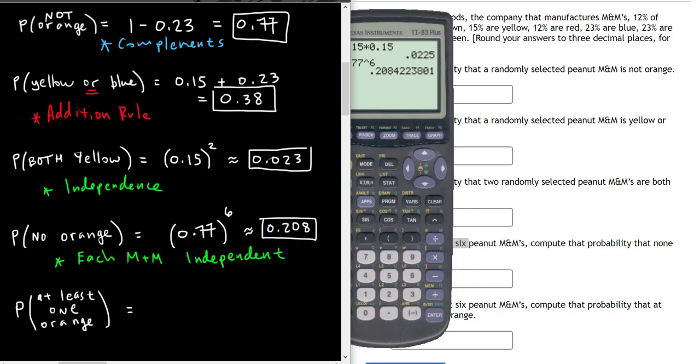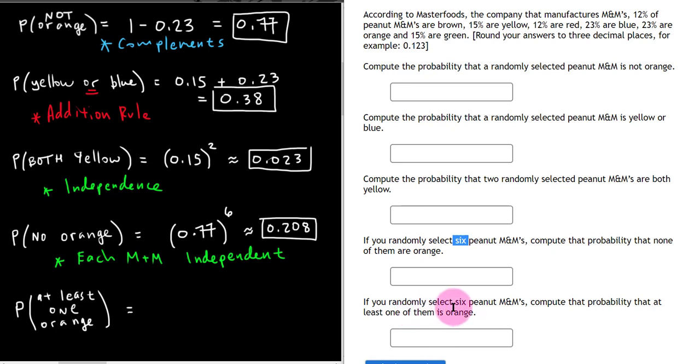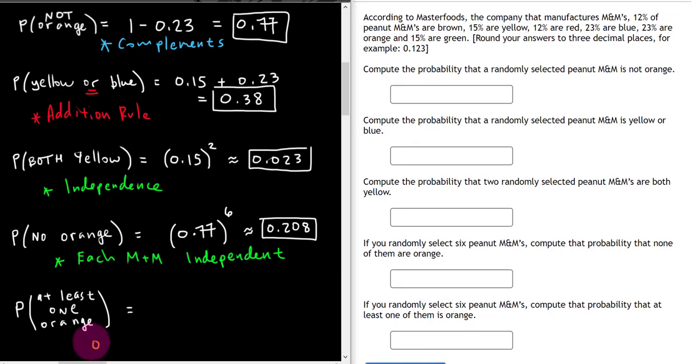Last but not least, we have 6 M&Ms again, but this time compute the probability that at least one is orange. Okay, this one can potentially be considered kind of tricky, but if you know the trick, it is not bad at all. It is possible to get 0 M&Ms that are orange.